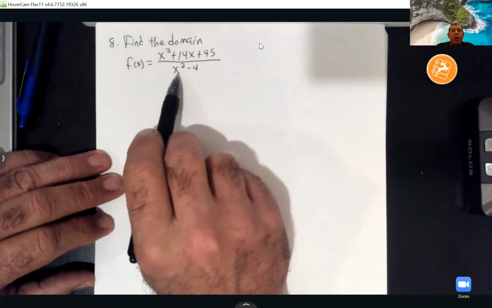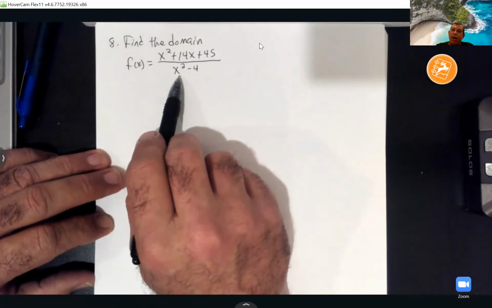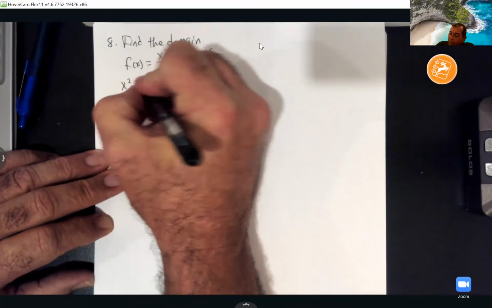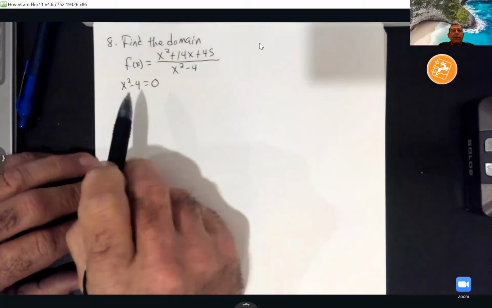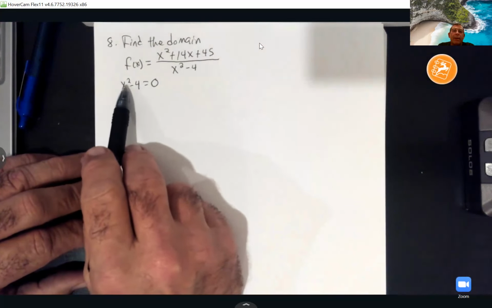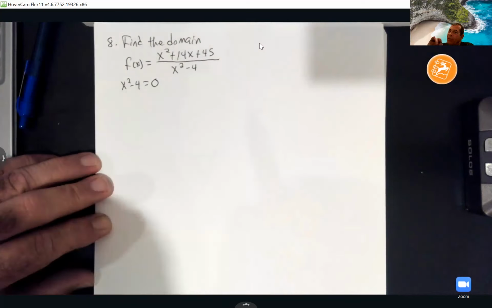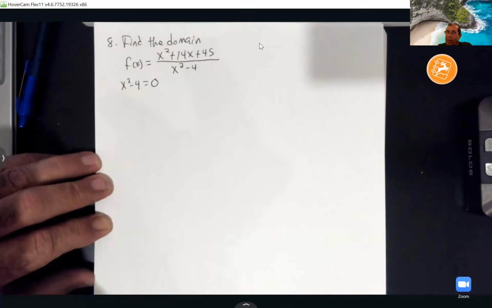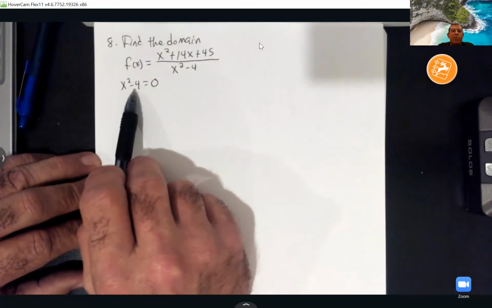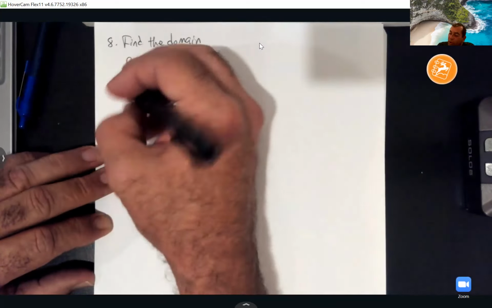So for the domain of a fraction, you take the bottom, set it equal to 0, and solve this for the x. Now remember, that x squared, that 2 means you got to get 2 answers on this, okay? But y'all, the easiest way to solve this would be add 4 and do our square roots to it.